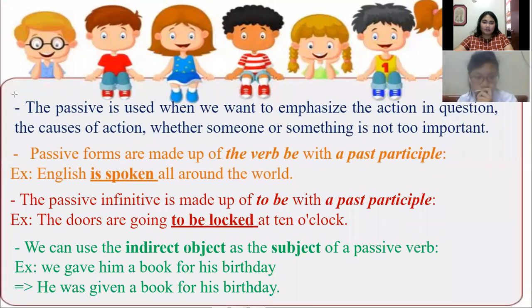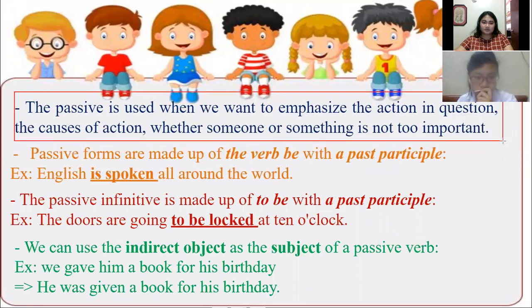The passive is used when we want to emphasize the action in question, the cause of action, whether someone or something is not too important. So again, the passive is used when we want to emphasize the action in question, the cause of action, whether someone or something is not too important.